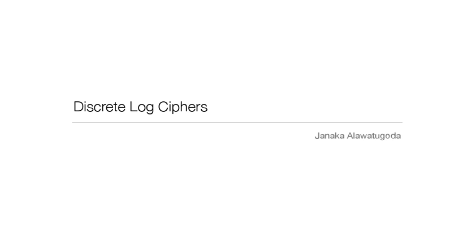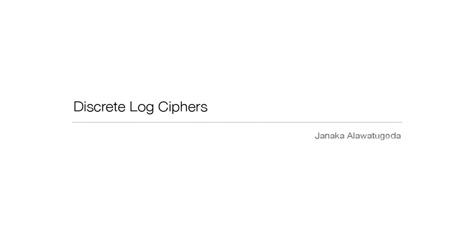In this branch of ciphers, we assume that solving discrete logs is hard, and based on that we construct the crypto systems, and we prove the security based on the hardness assumption of discrete logarithms.